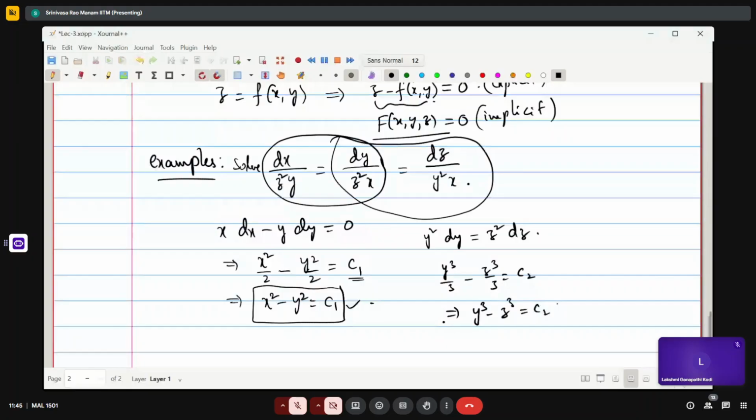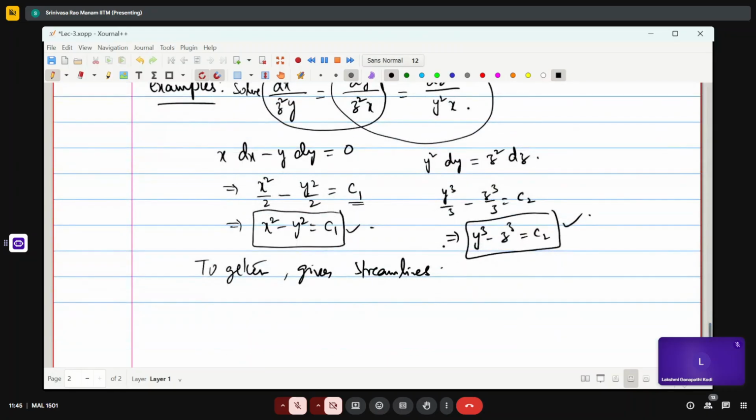So this is another surface. These surfaces together give you the streamlines. Followed? This is the method of grouping that you do.